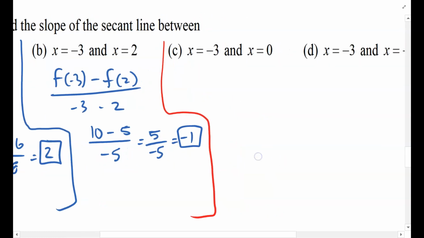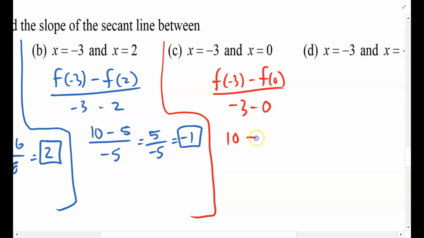So let's look at this next example. Again, we have f of negative 3 minus f of 0. And just remember, guys, when I'm writing f of negative 3, that's essentially representing what y is when x is negative 3. And f of 0 is what y is when x is 0. So negative 3 minus 0 on the bottom.